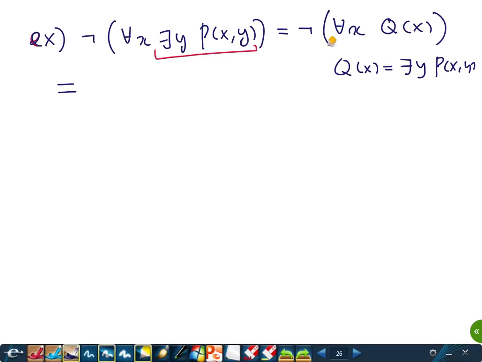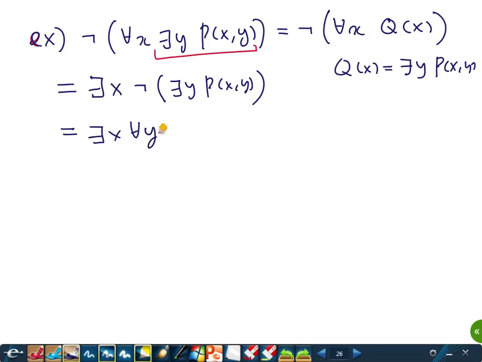Is that right? But we know how to move this inside. So this changes into there exists x such that not and this. And then you can move this again inside. This changes into for all y, not p of x comma y.